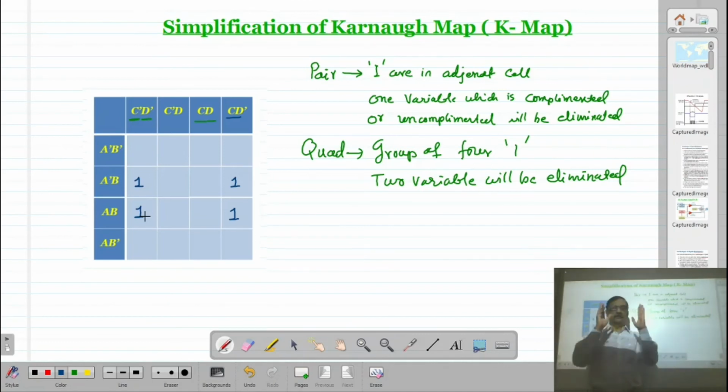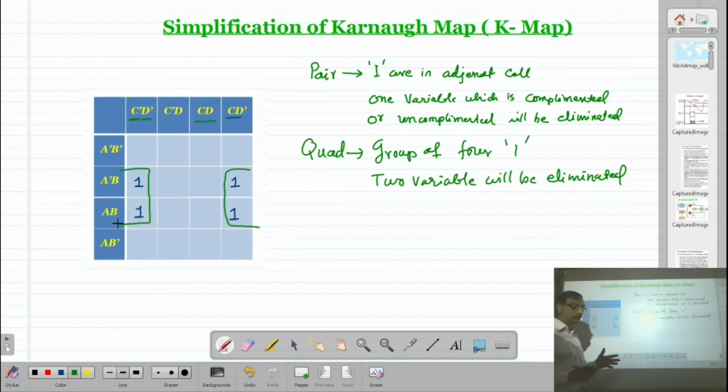Here, if I roll the Karnaugh map, then these 2 high levels and these 2 high levels are making a quad. You can roll the Karnaugh map horizontally also, you can roll the Karnaugh map vertically also, and you should find out the quad or the pair also. Okay? So actually whatever high levels are there, they are making a quad.